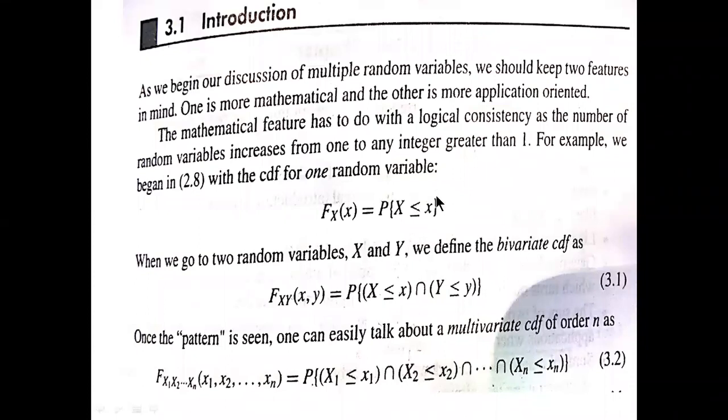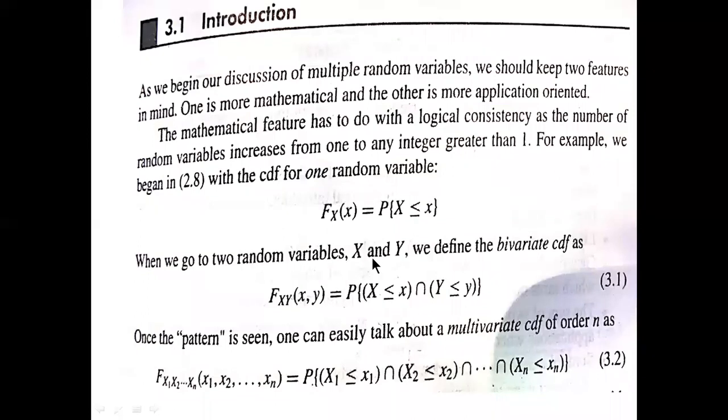So if x is minus infinity, then this quantity will be 0, because the probability will be 0 and Fx will be null, since nothing can be lesser than minus infinity. Similarly, if x is equal to infinity, then everything is below infinity. Therefore, this will be the total probability and will be equal to 1.